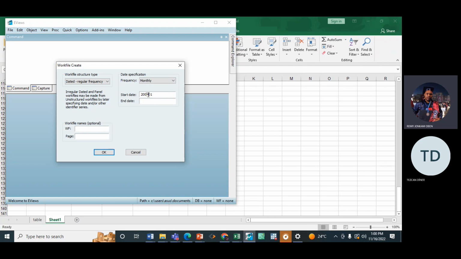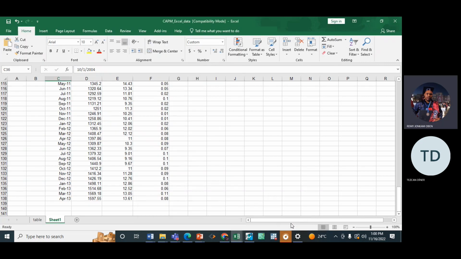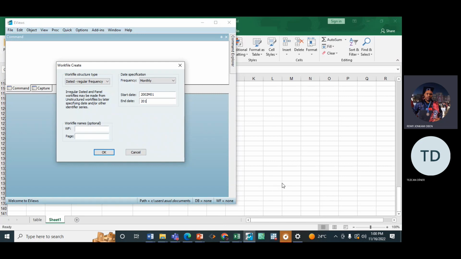So M01, 2002. What was the end date? Let me check. 2013, April, right? Yeah. Okay, so here I'll write 2013. April is the fourth month. You can write the actual date as well.